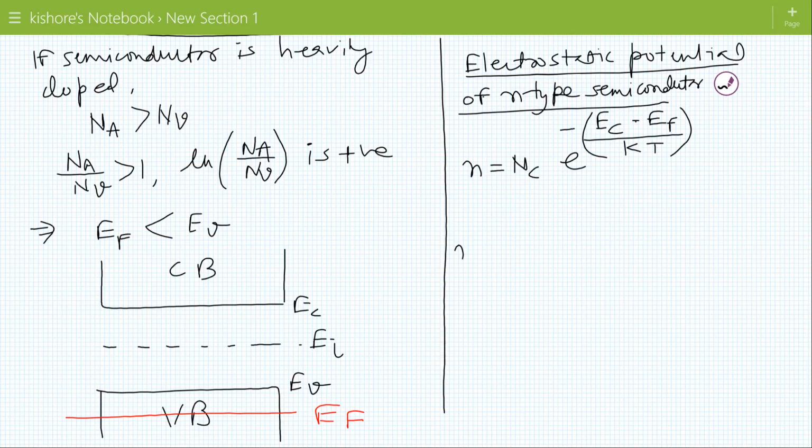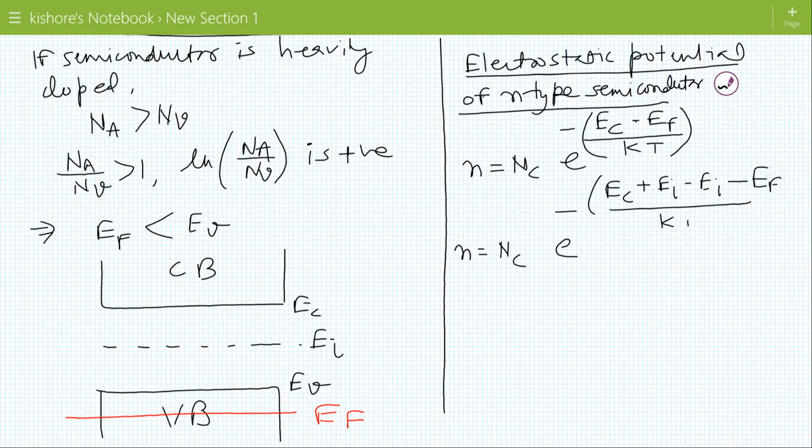Now if we add and subtract Ei here, then we can express the entire expression in terms of Ni.